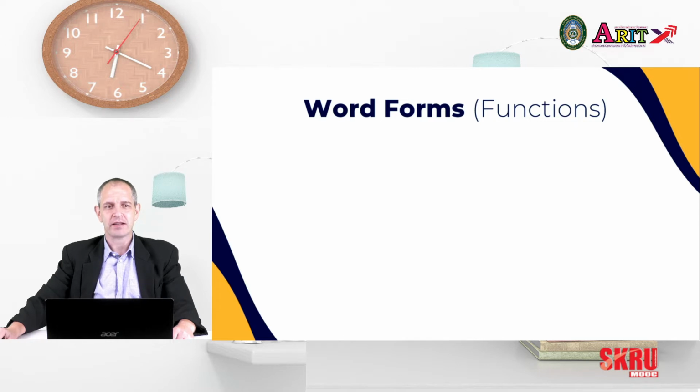How many different kinds of words are you aware of in the English language? Take a moment, think about it. I know there are many different kinds, but what do you think are the four most common? If you think about it, you probably understood that verbs, nouns, adjectives, and adverbs are probably the most common words people use when they speak English.